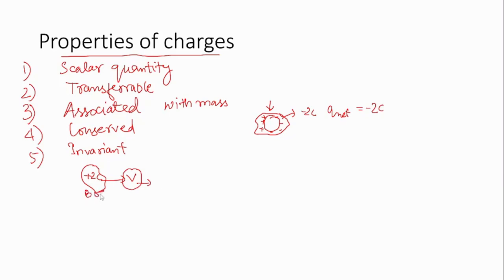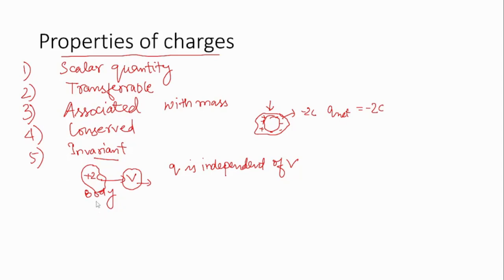So Q is independent of the velocity of the body. Invariant basically means independent of the frame of reference. These were some basic properties of charge.